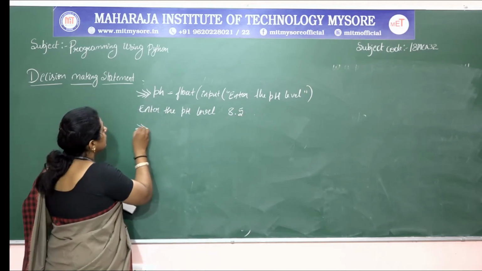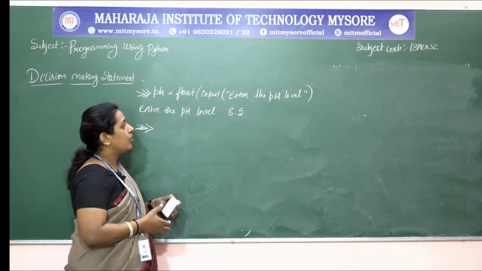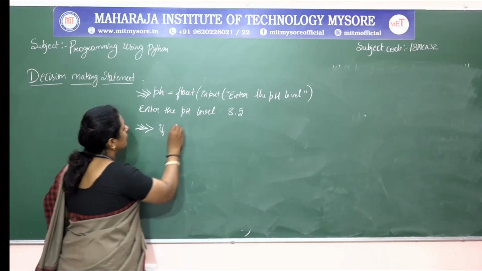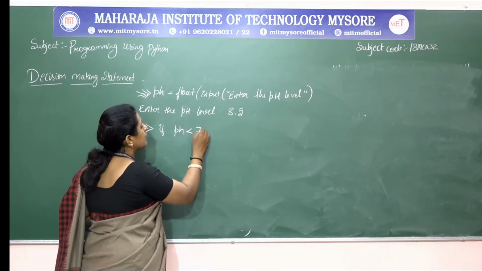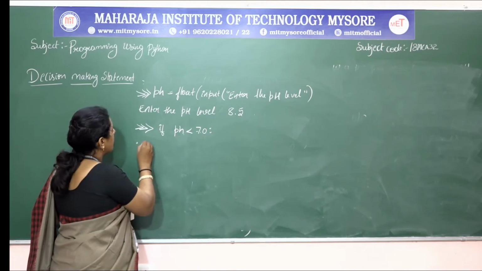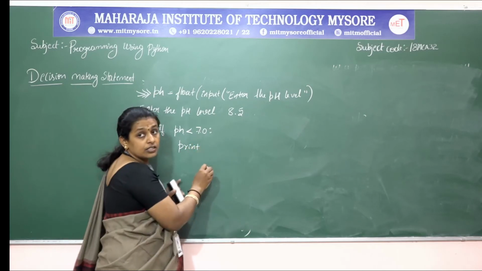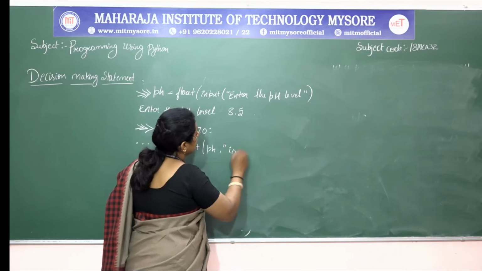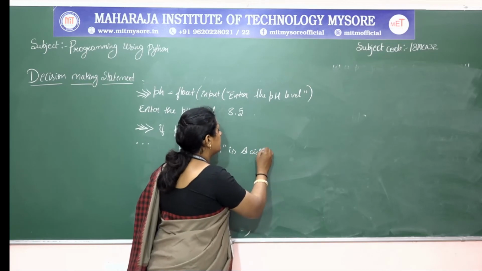Then I need to go with multiple if statements, because I am not going to consider only one condition. So if pH is less than 7.0, then I need to print this statement, that means pH is acidic. In the last session we also discussed this example.